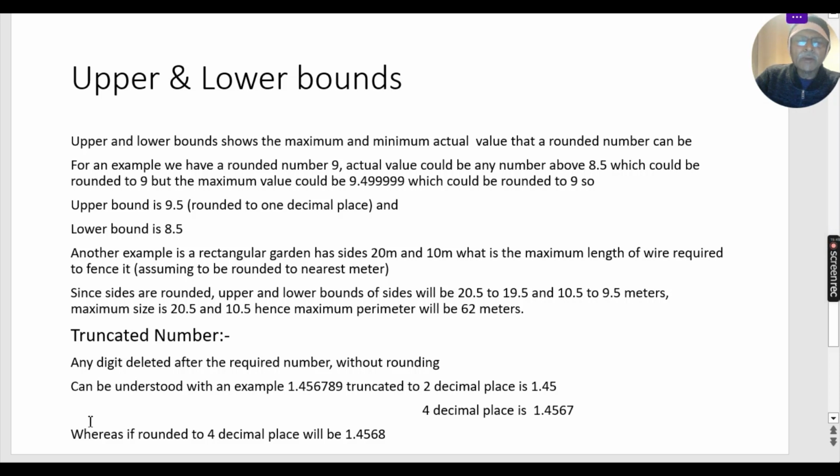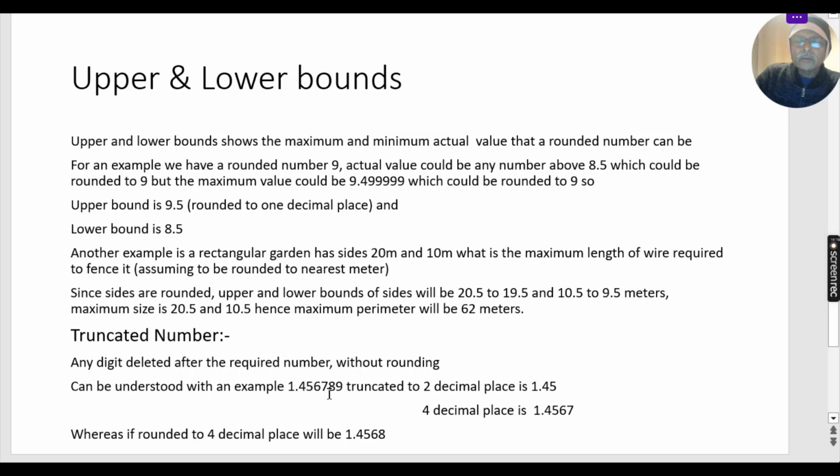I'll take an example. Say I have taken 1.456789, and I ask you to truncate it to 2 decimal places. The first decimal place is 4, the second is 5. So we will just ignore the numbers after that, and my answer will be 1.45. If I say truncate it to 4 decimal places, that means 4, 5, 6 and 7.